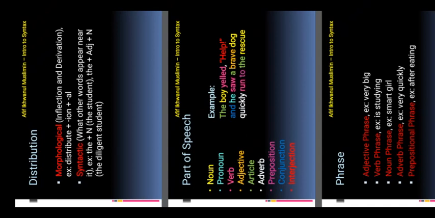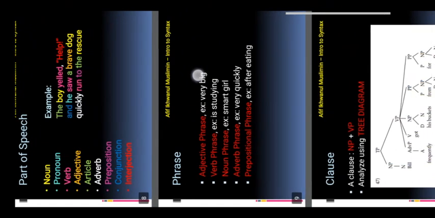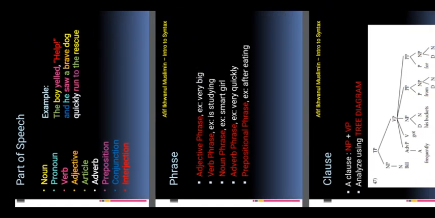The bigger part of speech is the phrase. A phrase here is a combination of words. In a phrase, we have to pay attention to what is explained, that is the head and the modifier. So the head becomes the name of the phrase.